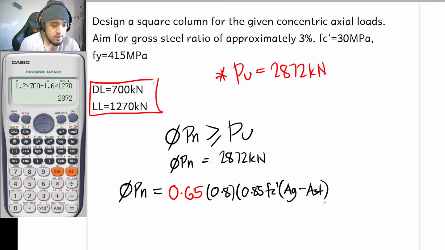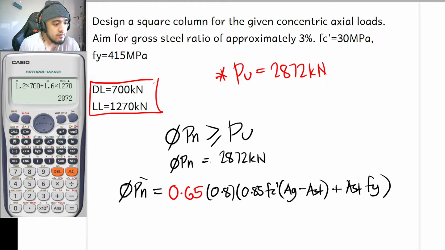Then, after that, we would be adding the strength of the steel. The strength of the steel is equal to Ast, or the area of the steel, times fy, which is the strength of the steel. As simple as that, let us now solve.